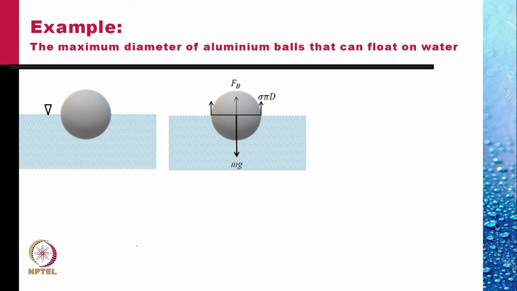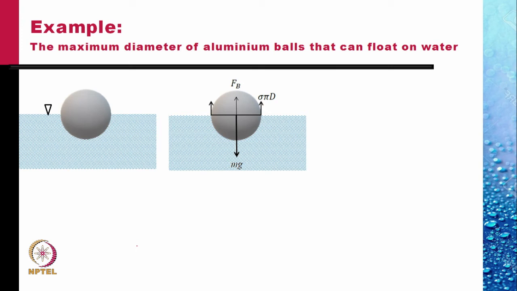It has three forces. One is the weight of the ball, mg. Other is the buoyancy force on the ball. The buoyancy you studied in high school is related to the volume of the liquid displaced, or rather to the weight of the liquid displaced.